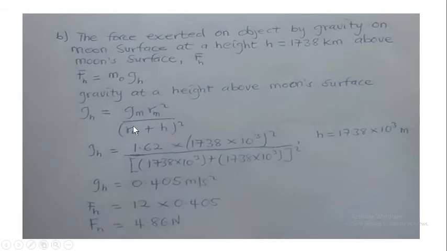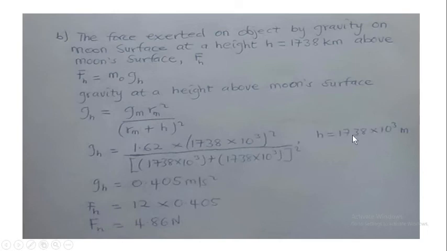Then we know the values of gM, R squared, and then h. So you carefully slot in the values into this expression. So you have gh equals 1.62 times 1,738 times 10 exponent 3 all squared, and then over 1,738 times 10 exponent 3 plus the h.